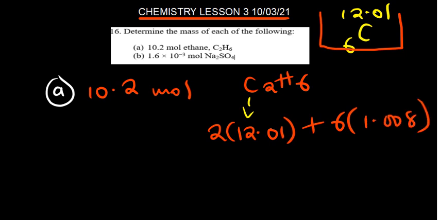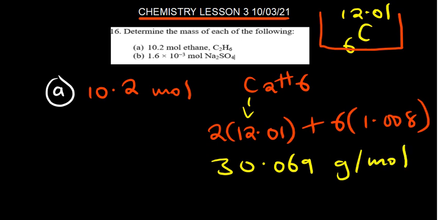After doing your computations, you're going to see that the molar mass you have is 30.069 grams per mole. Now we are saying you can determine the mass as a product of the number of moles by the molar mass.